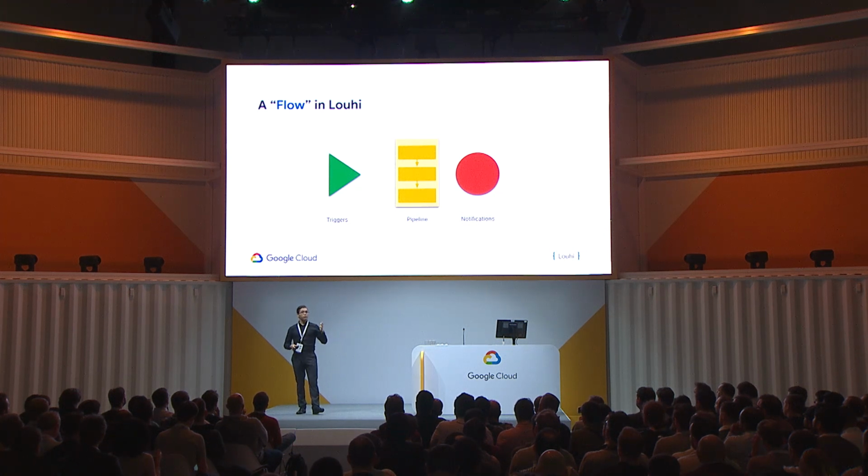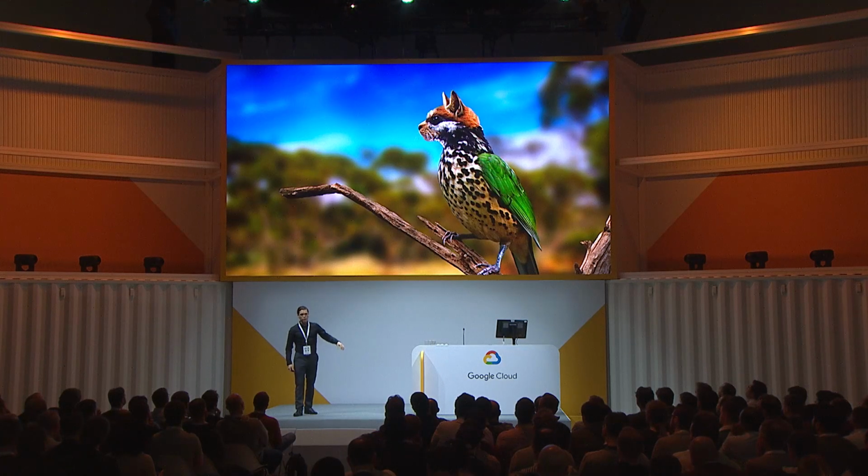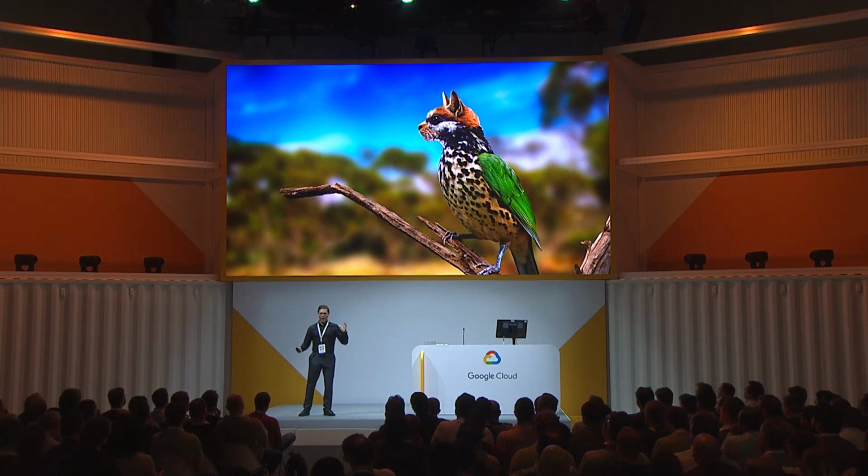A flow is composed of 3 things: triggers to begin the flow, a pipeline with multiple steps to execute, and finally, notifications that fire when the pipeline finishes. But what makes Louhi a little different from other CI/CD tools you might know is that it's primarily designed to handle hybrid applications, which are apps that may use different tech stacks, different tools, or even completely different infrastructures.